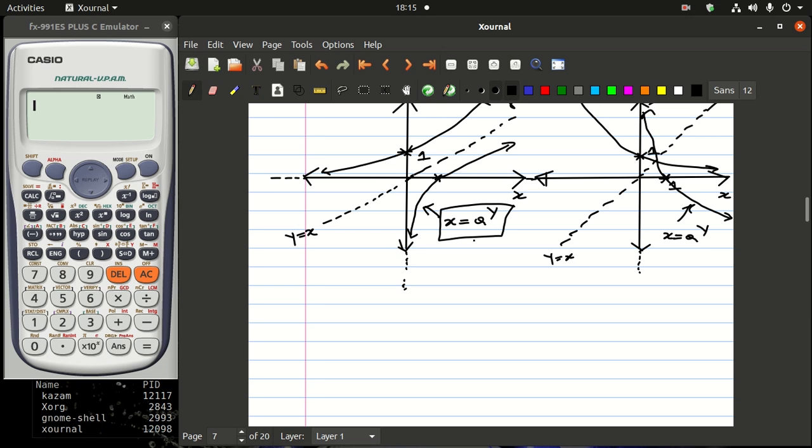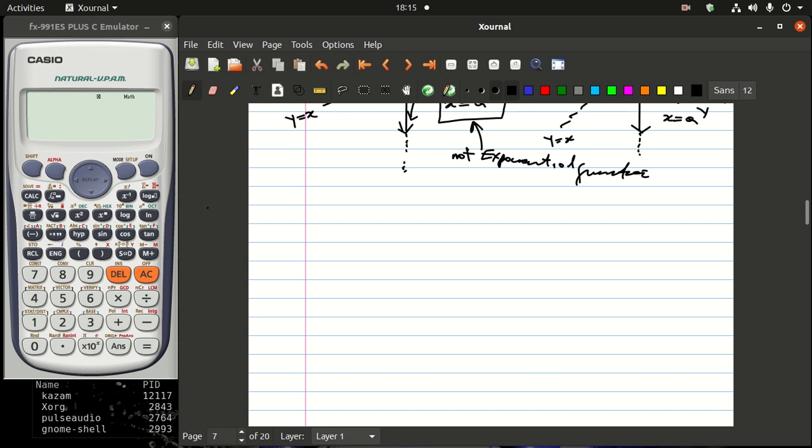So this one is not an exponential function, because for an exponential function, the independent variable should be an exponent. So not an exponential function, and we need to have a name for this particular function.